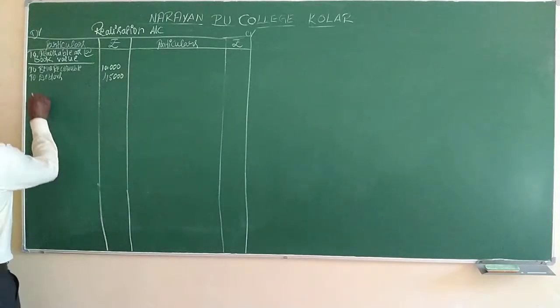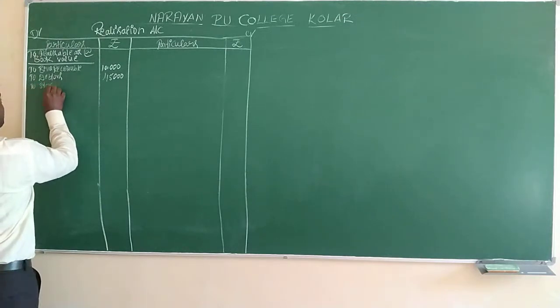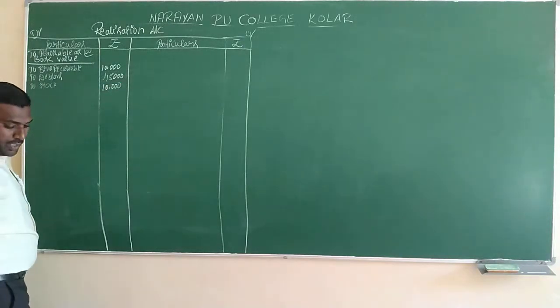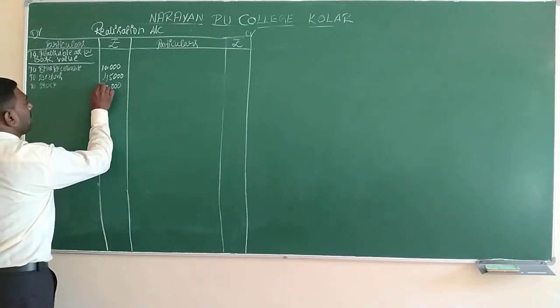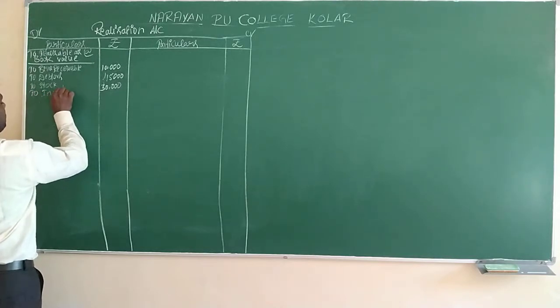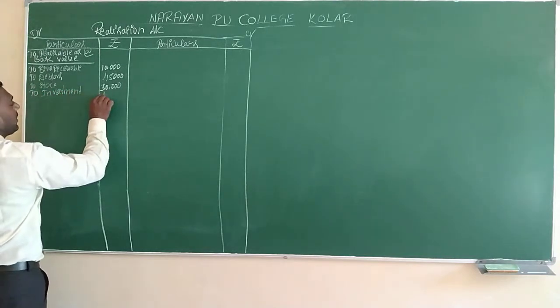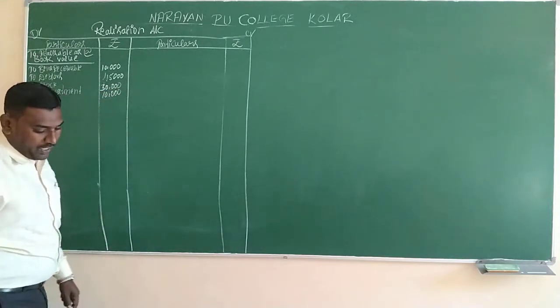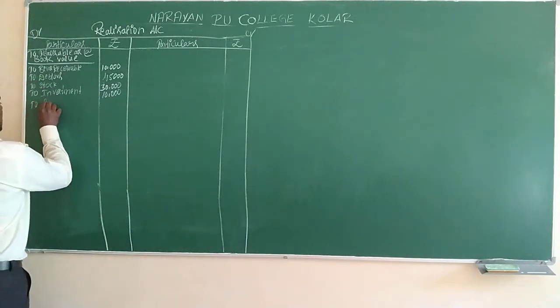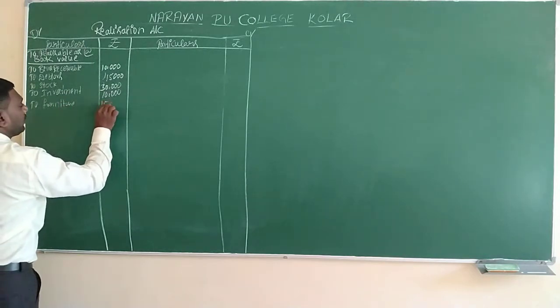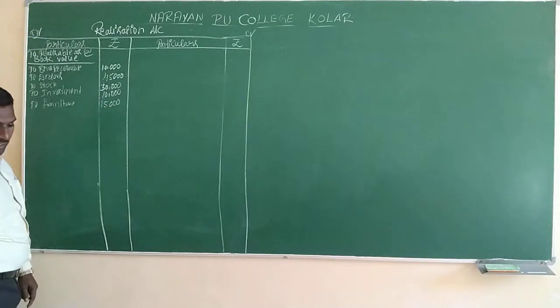After that, to stock. The stock is 30,000, not 10,000. To investment 10,000. After that, to furniture 15,000.